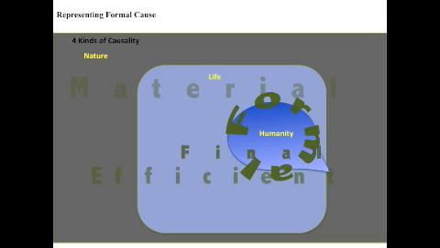Natural selection, you could say, was the mechanism of efficient cause until human formal cause grew powerful enough to have cultural evolution start outstripping natural evolution.